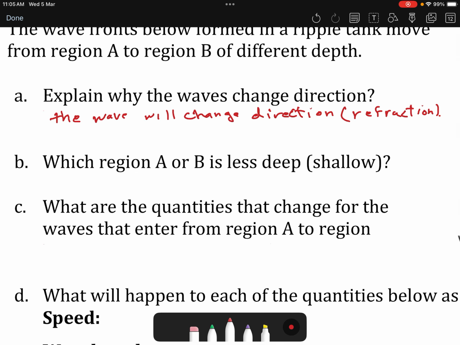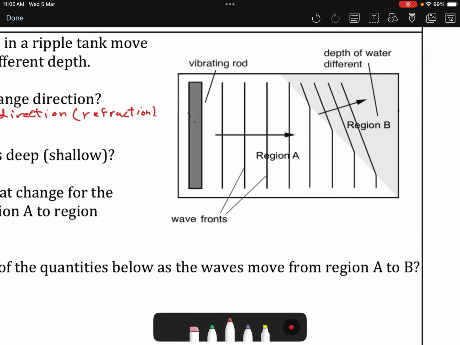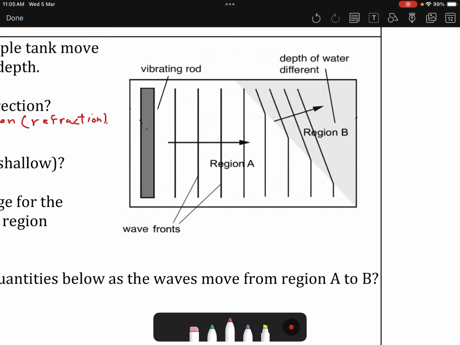Which region, A or B, is less deep? Region B will be less deep, and I will explain why. Because less depth in water means less speed.